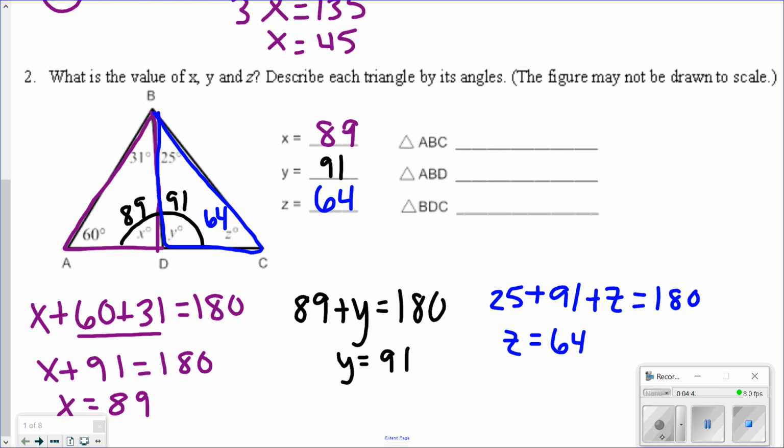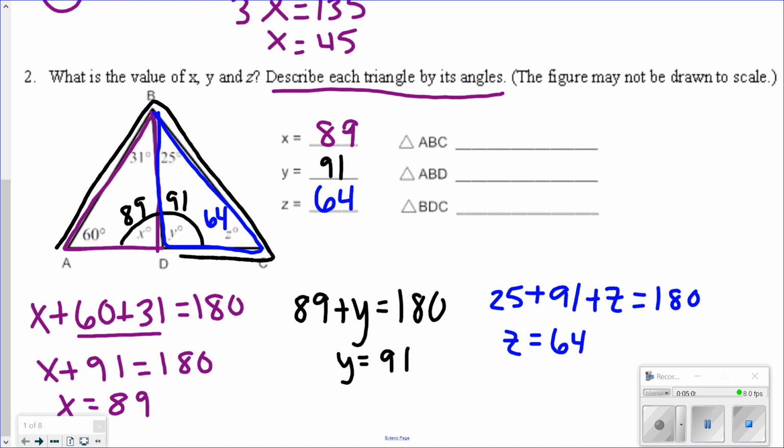The next part I want to fill in is describe each triangle by its angles. So remember, a triangle can either be an acute triangle, an obtuse triangle, or a right triangle. So if I look at triangle ABC, that is the entire triangle. So this triangle right here.